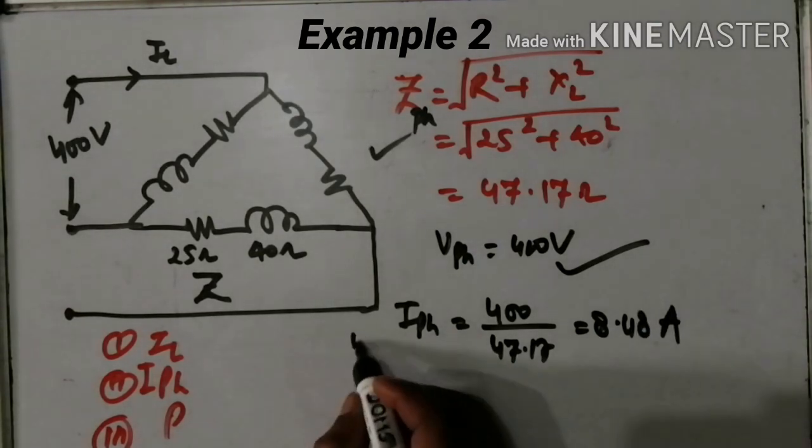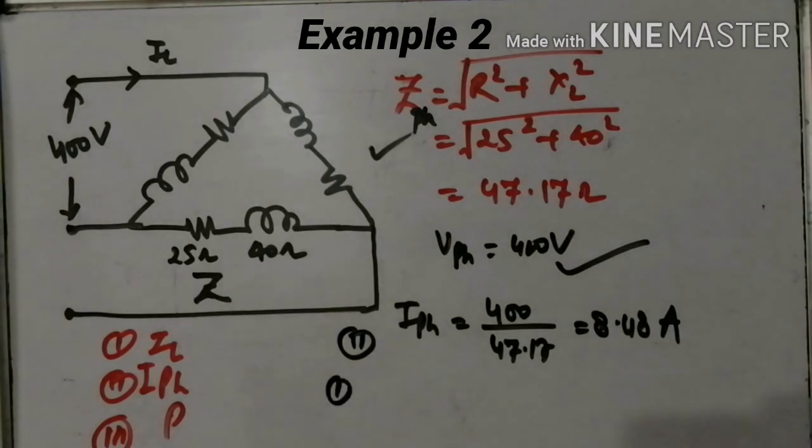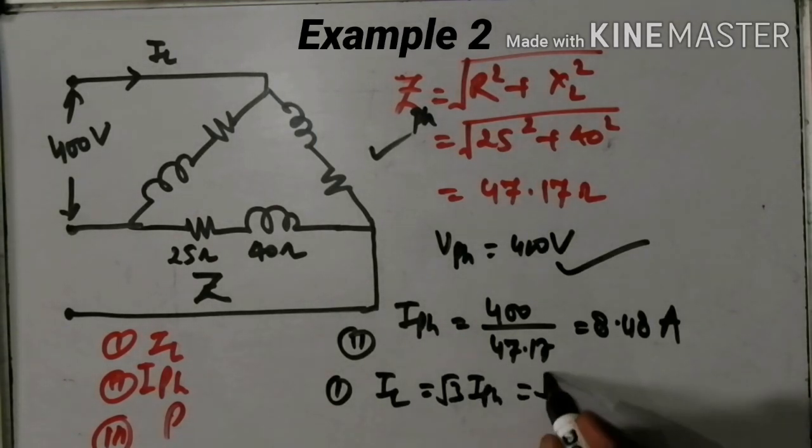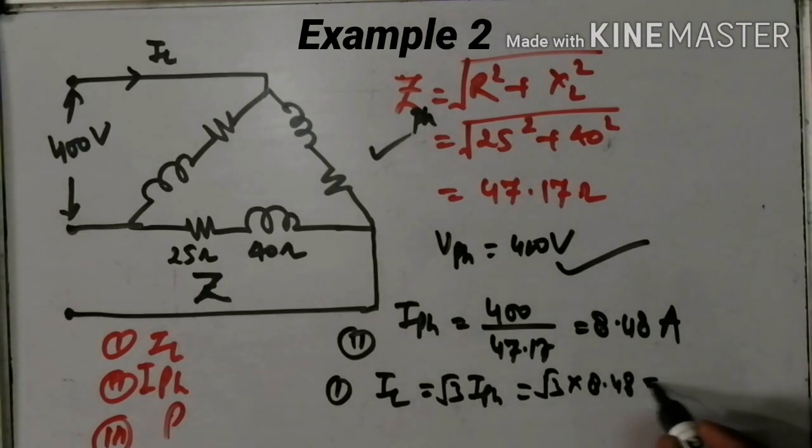Now this is the second part. Now for the first part, that is the line current, which is nothing but root 3 times of phase current, that is under root 3 times of 8.48, which is nothing but 14.7 ampere.